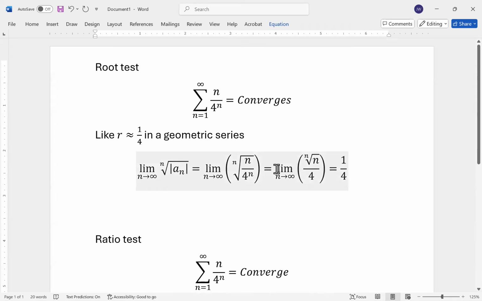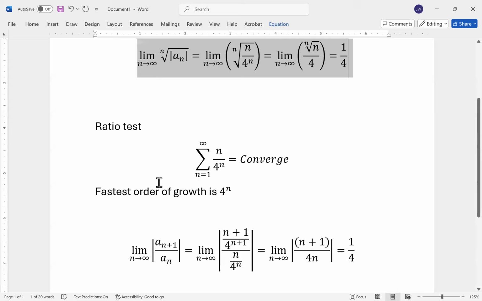Actually, the limit calculations are probably easier in the root test, as long as I know that the limit as n goes to infinity of nth root of n is 1. But in the informal way, it's probably much quicker if we're doing the ratio test.